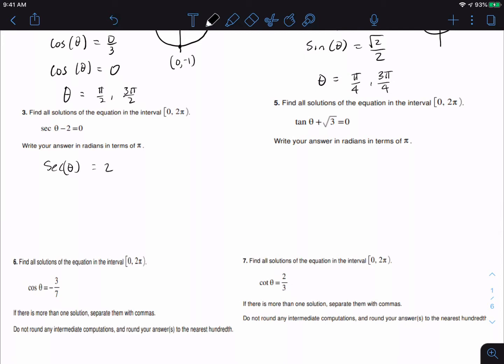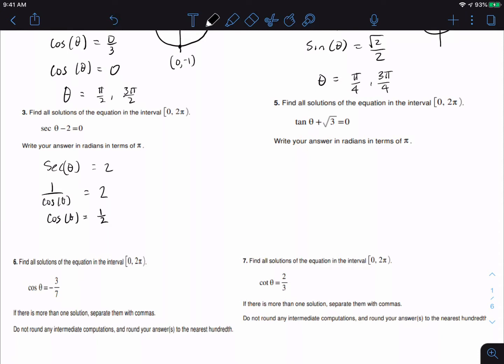So I'm going to get secant theta is equal to 2. One of the things that we need to remember is that secant theta is the same as 1 over cosine theta. So 1 over cosine theta is equal to 2. So that is the same as cosine of theta is equal to 1/2.